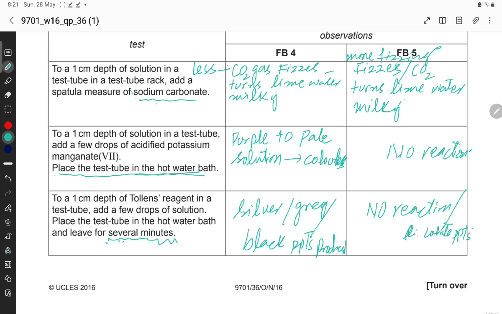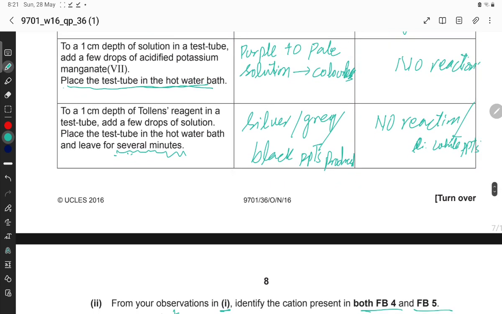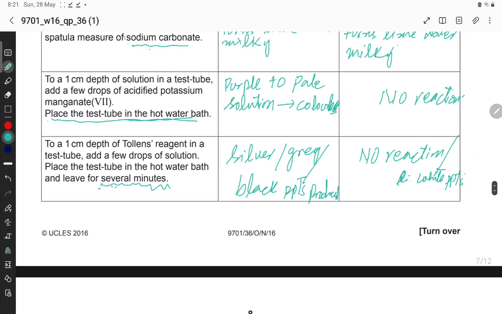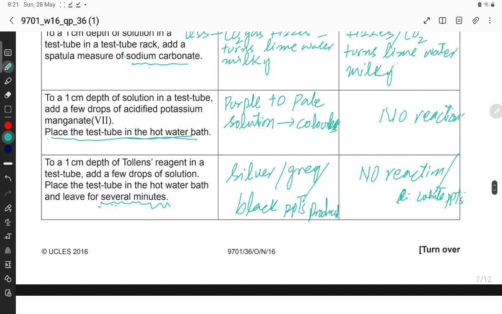It turns red litmus. It turns Tollens reagent when you add a few drops of solution.